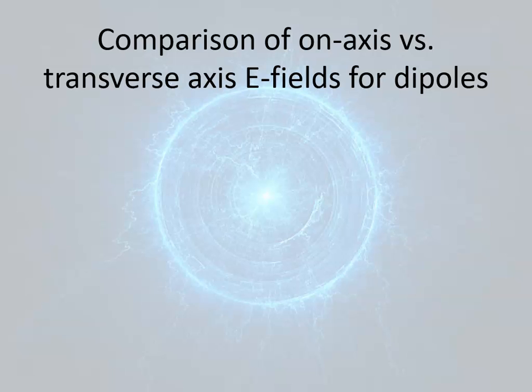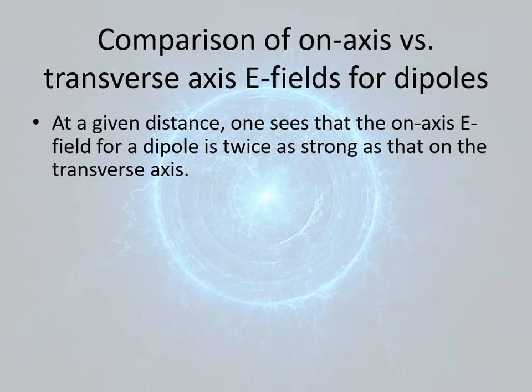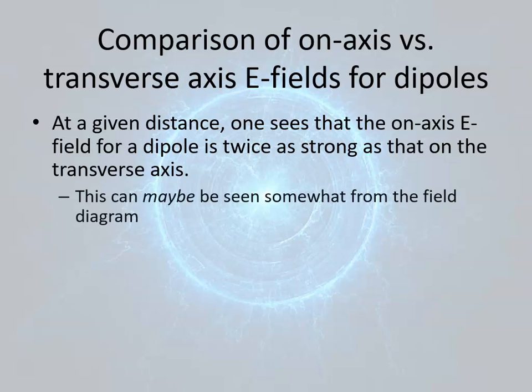So a comparison of on-axis versus transverse axis. You might have noticed that there was a factor of 2 that was missing. So the on-axis electric field, in other words, the electric field that's on the axis going from the negative to the positive charge, is twice as strong as that at the same distance on the axis that is transverse.